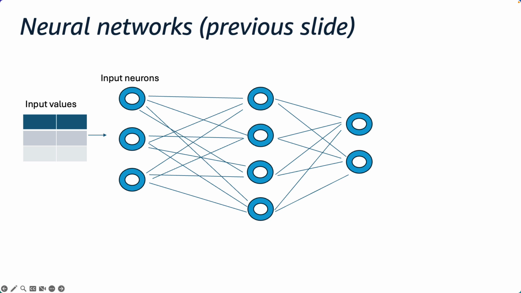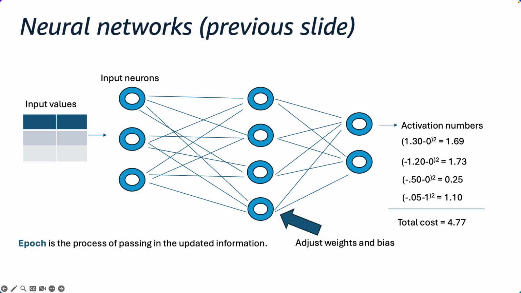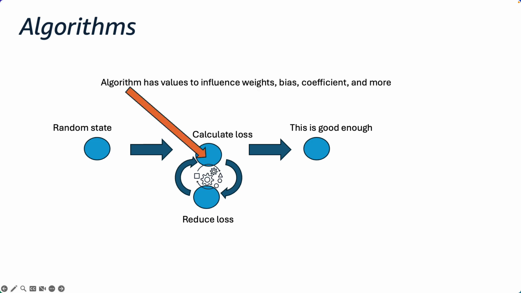So remember when we pass it our data, the algorithm completes some calculations and comes up with numbers, weights, bias, coefficients, and so on, and then creates a model. But the algorithm comes with values inside the algorithm which influence how the calculations of weights, bias, coefficients, and so on actually work.